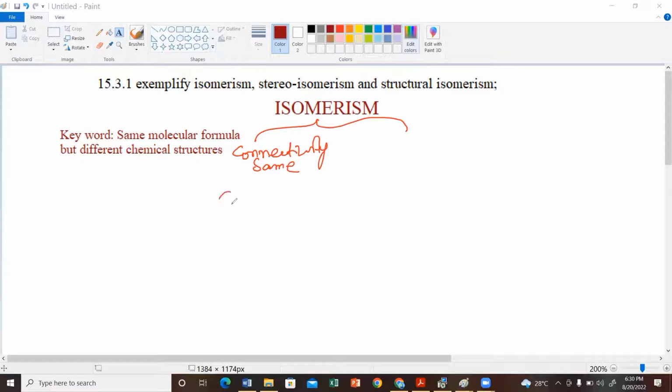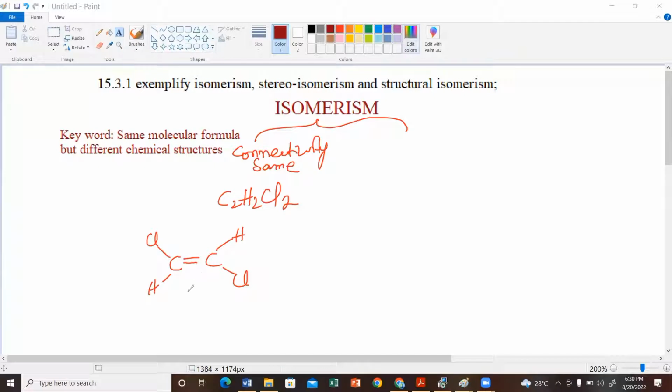Like we have C2H2Cl2. In C2H2Cl2, there is a possibility that there are 2 carbons directly bonded with each other, 2 chlorines, each carbon is having 1 chlorine, and 2 hydrogens, each carbon is having 1 hydrogen.